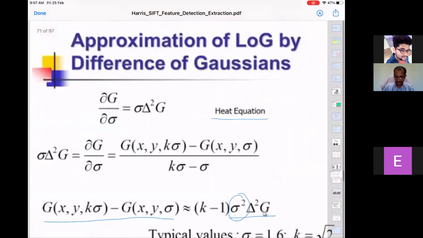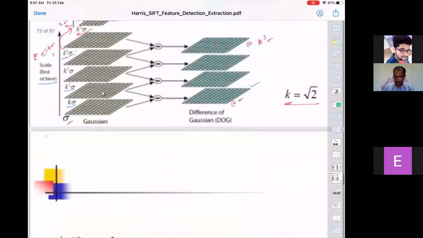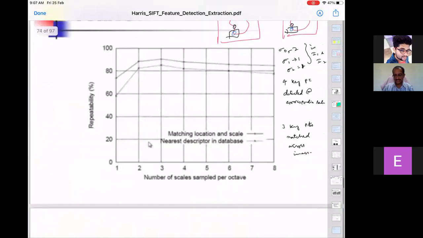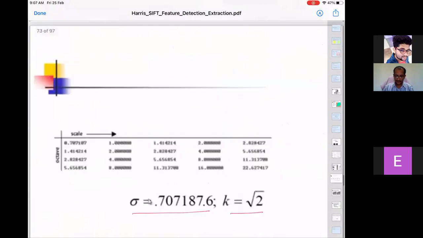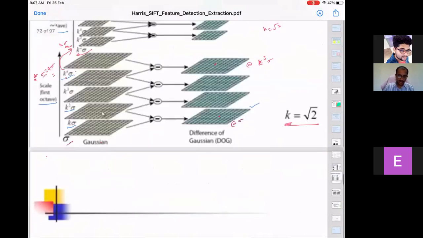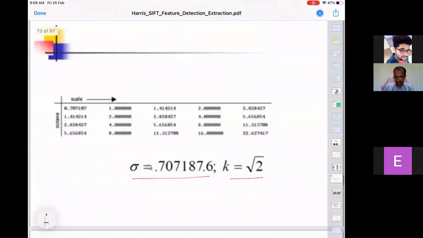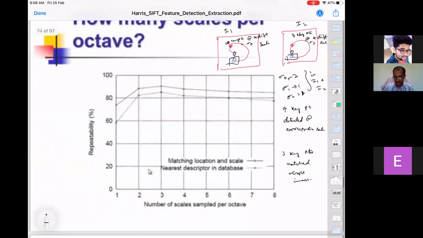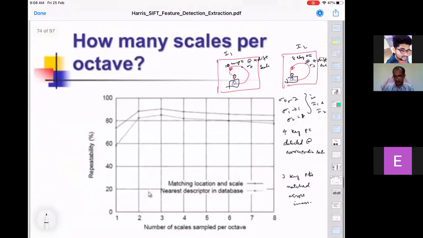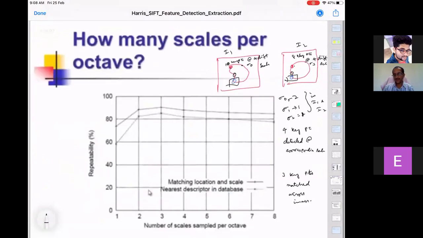So we have seen how scale space is created, how the number of scales in an octave is decided, and how the number of octaves is decided. We discussed that very briefly in the last class. So here is a picturization of that. These are slides from Professor Mubarak Shah.